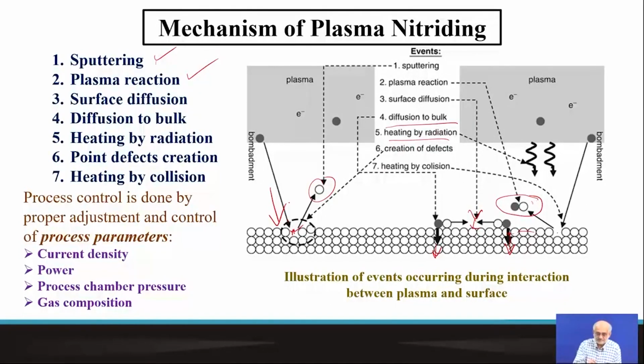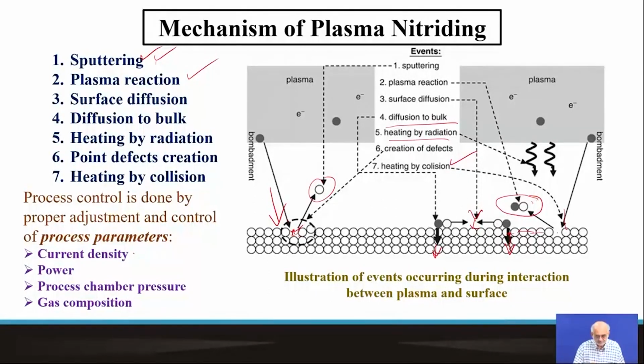Also, defects are created right in the very first stage, and these defects further improve the diffusion coefficient. There is always some collision between the ions and the surface, and due to this ion-solid collision, there could be a further increase in temperature. So one needs to maintain a proper isothermal state by proper control of the applied electrical potential difference, gas pressure, external heating, and so on.